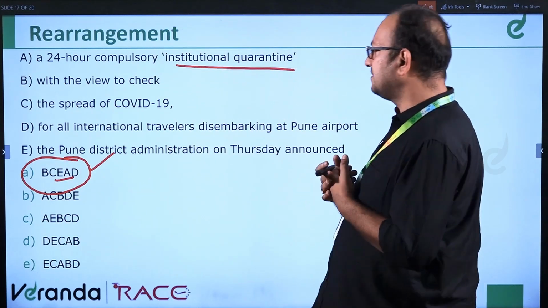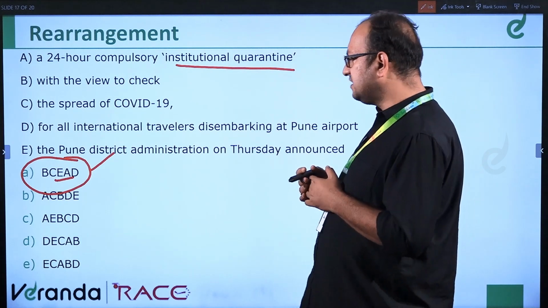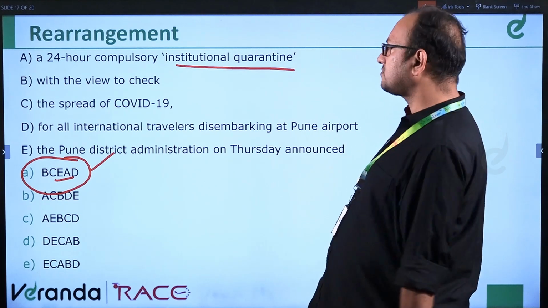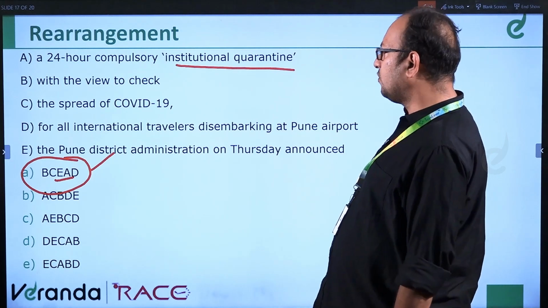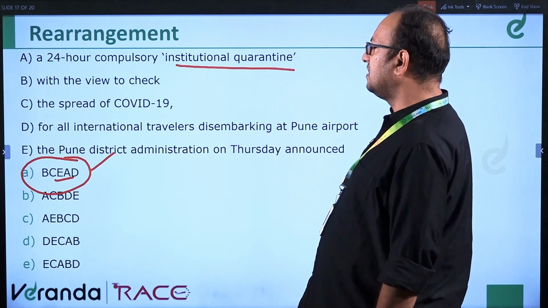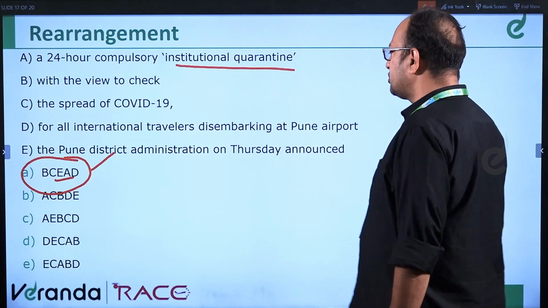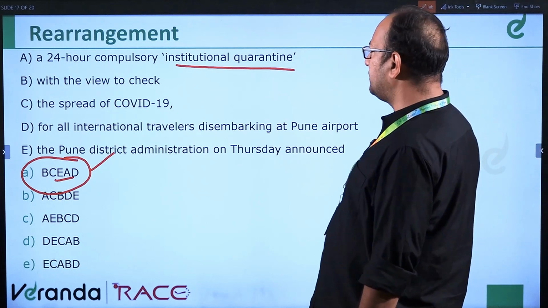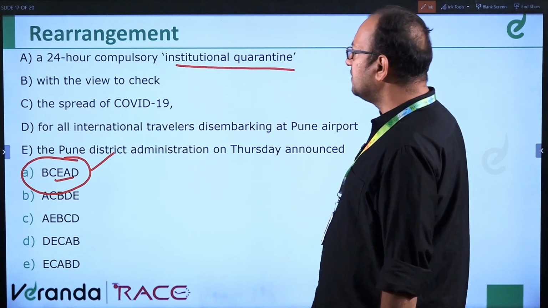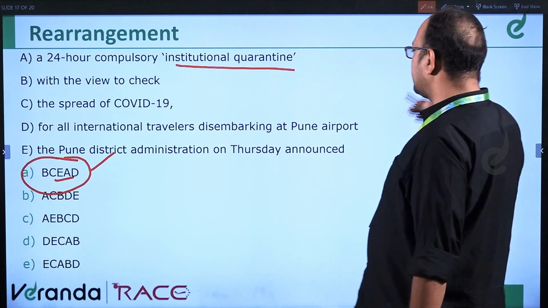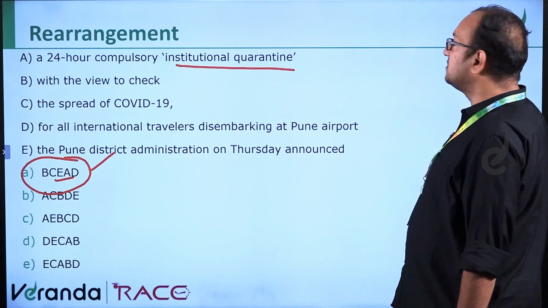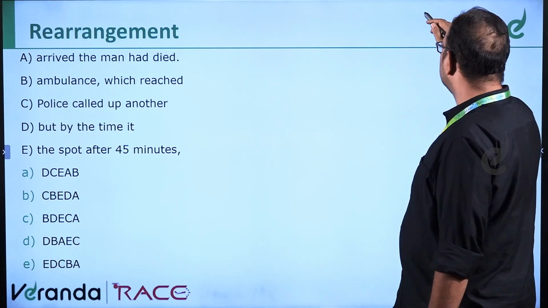With a view to check the spread of COVID-19, check means to control, the Pune District Administration on Thursday announced a 24-hour compulsory institutional quarantine for all international travelers disembarking at Pune airport. I think you've got it right. Next question.